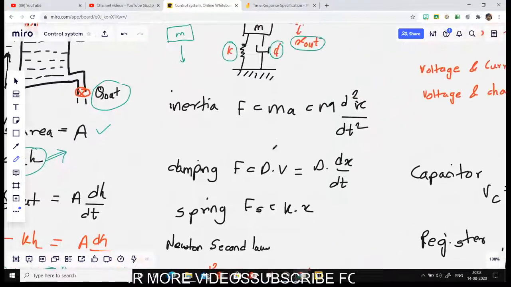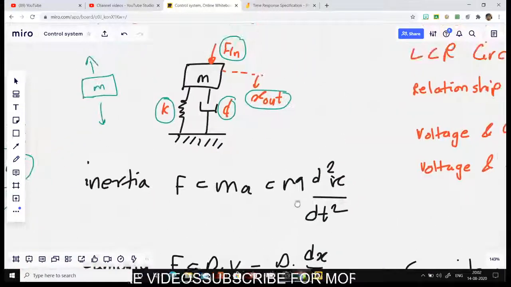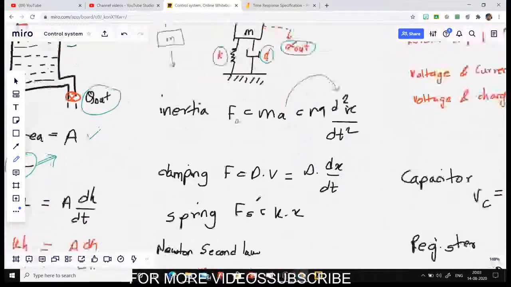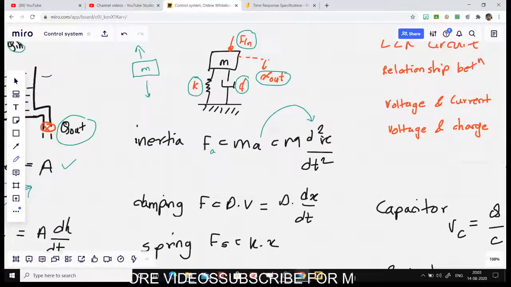Let us understand the forces which are acting. First is the inertia force because of the mass, which is Fa equal to mass into acceleration. I can substitute acceleration as the double derivative of displacement. Then there is a damping force Fd, which gives you d into velocity, that is dx by dt.